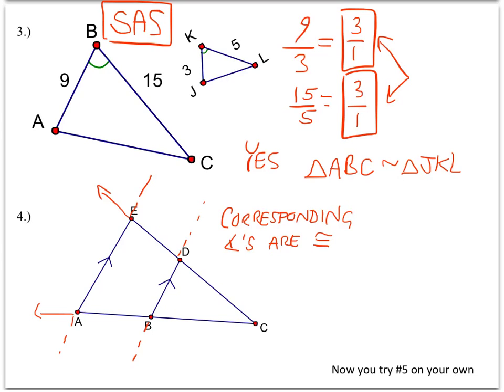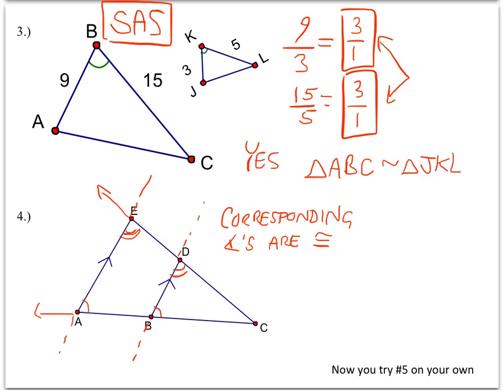So on this first one, we have a transversal and two parallel lines. So what we can say is this angle here and this angle here are both congruent by corresponding angles. So I'm going to mark that down, congruent. Similarly, angle E and angle D are also congruent by corresponding angles.